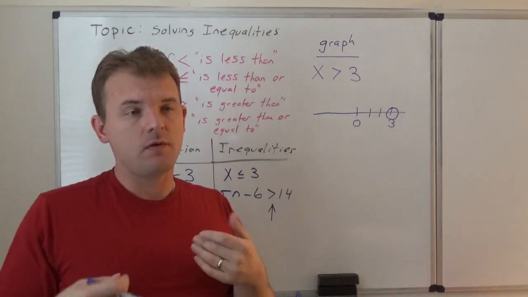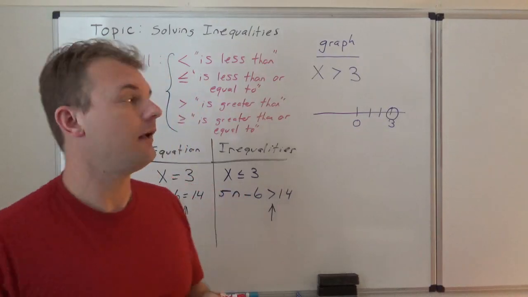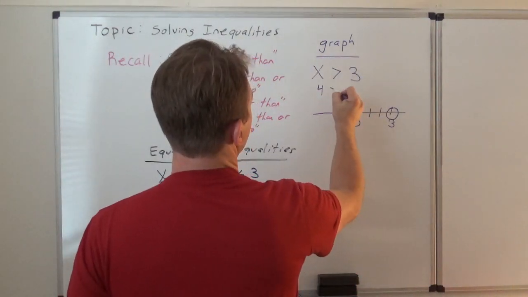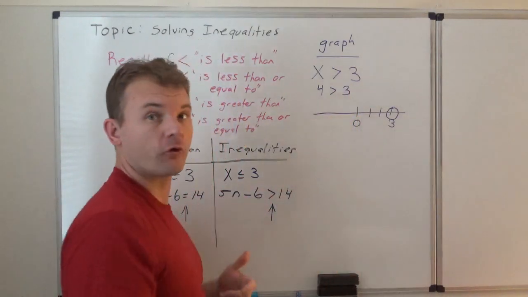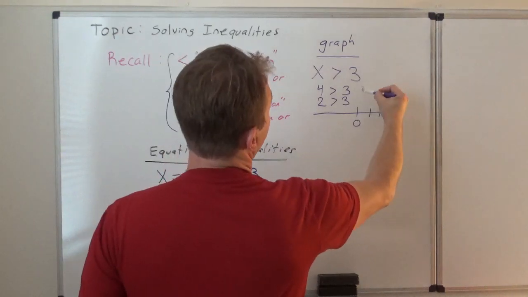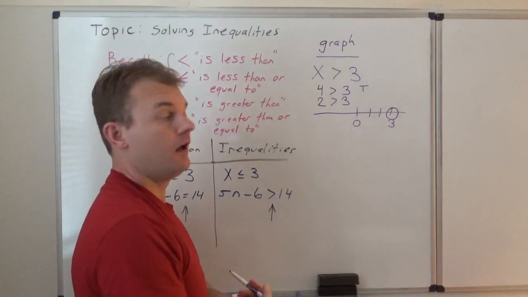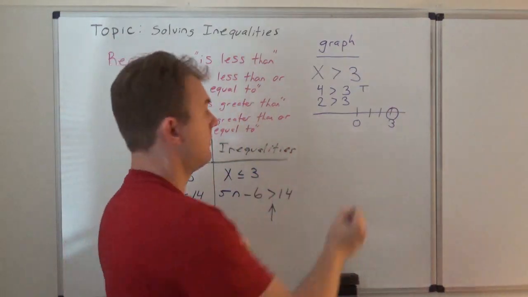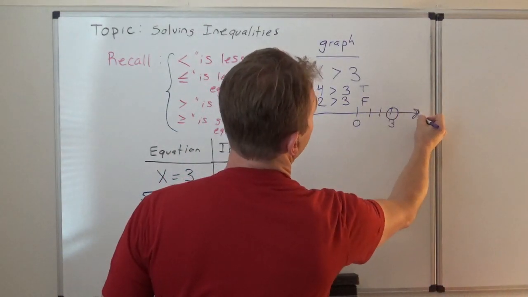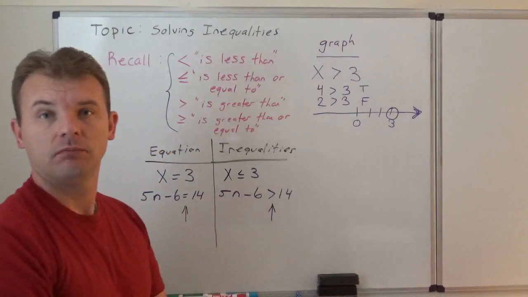Which way is it going to go? Maybe you know this off the top of your head, but you can always plug in some values. Is 4 greater than 3? Is 2 greater than 3? Well, 4 is greater than 3, but 2 is not, so this is false. This fails, so we know it's going to go in that fashion.